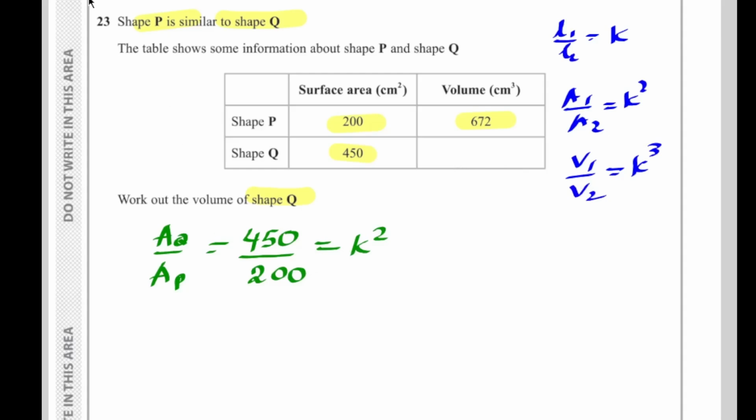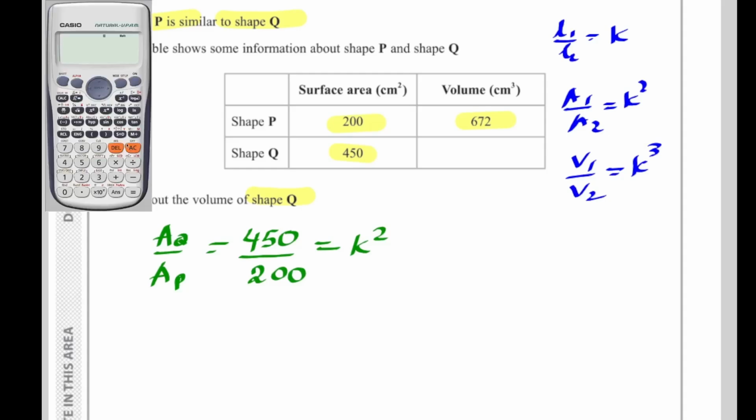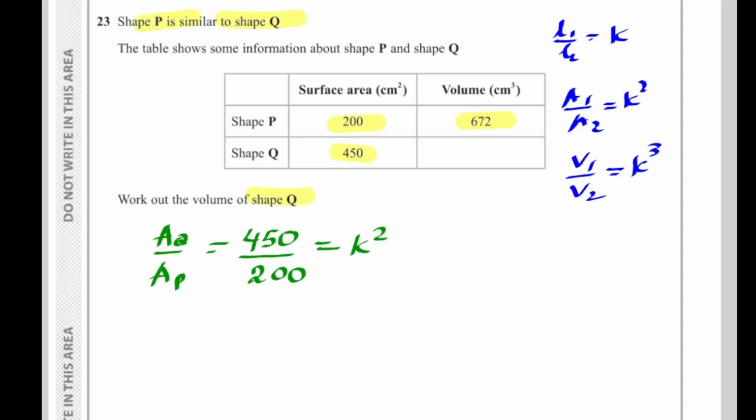Let's get the linear scale factor first. 450 over 200 becomes 3 over 2. Then the linear scale factor comes as K equals 3 over 2.